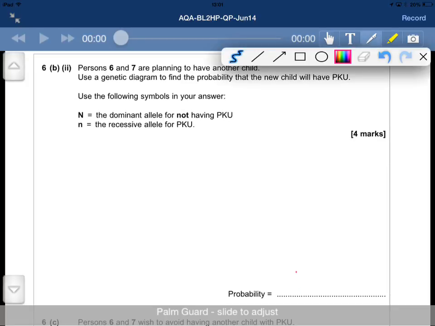Now, we have already established that the genotype is Nn for number 6 and Nn for number 7. Because, as I said, it has to be a heterozygous cross if they make an offspring in which there is the homozygous recessive coming out, because the two small n's have to come together. So this is the genotype.